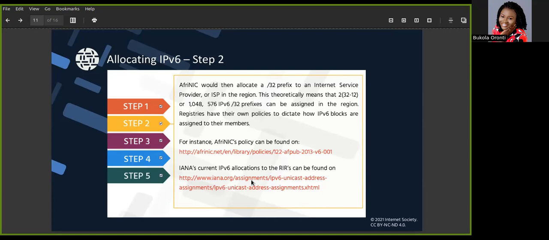More information about the policies that guide the allocation of IP addresses within the African region can be found at the following links, both for Afrinic and for IANA's allocation guidelines, at the next URL on your screen.